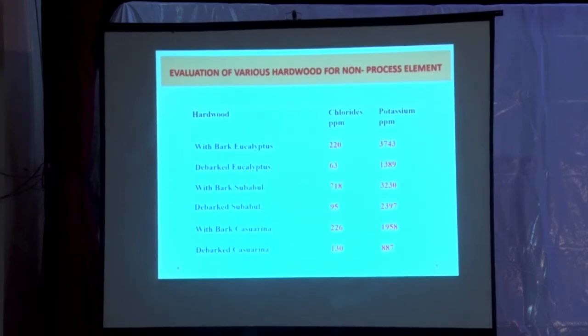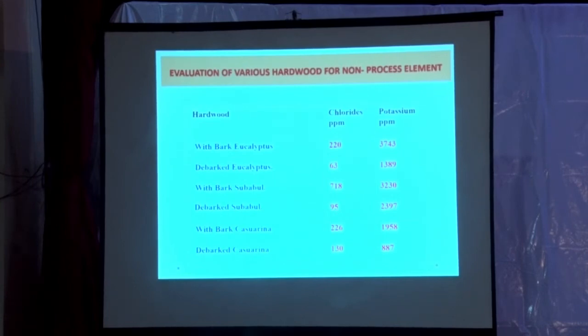I cannot say this is 100% or 80% debarking. Normally the debarking done by mills, just to save the wood, is hardly 65 or 70% debarkation. Even at that level, you can see that almost 1/3 or 30% potassium is there.